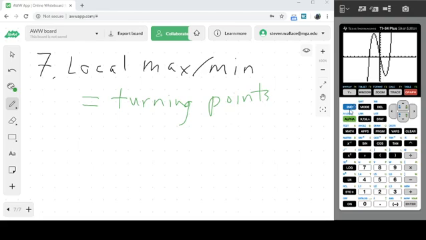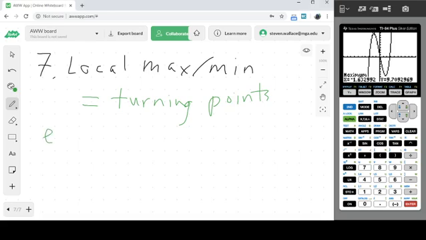To find it on the calculator, you go to second trace. Maximum would be a local max. Okay, so we move the cursor somewhere to the left of where it makes a high point, then move somewhere to the right. Hit enter, bring it back. Boom, we get an example here of a turning point.